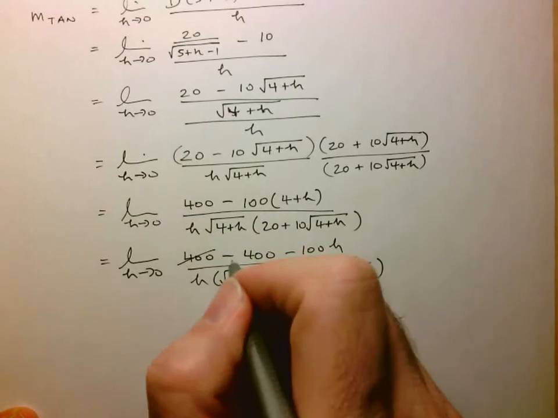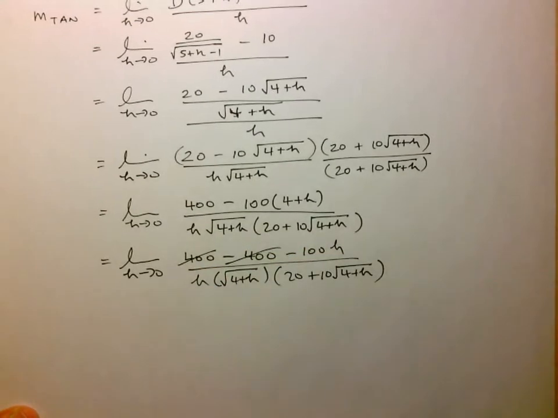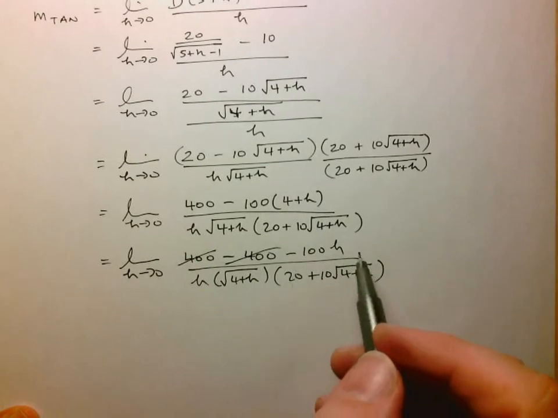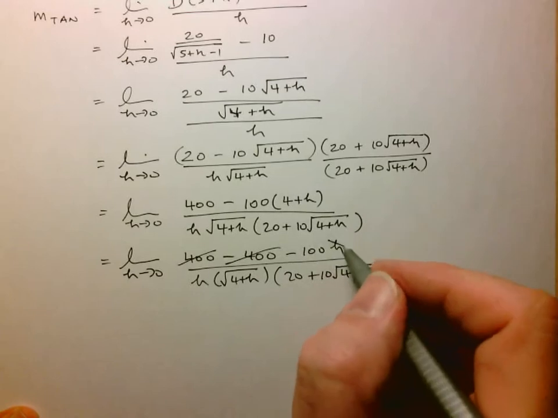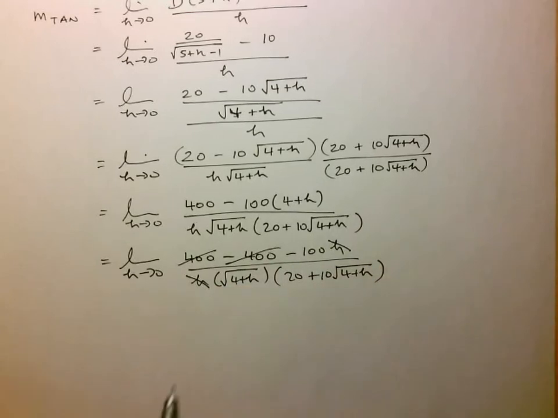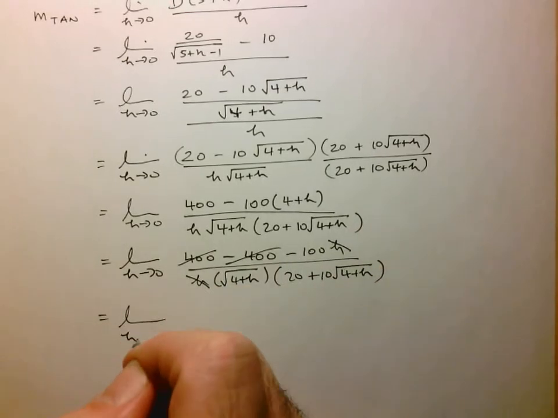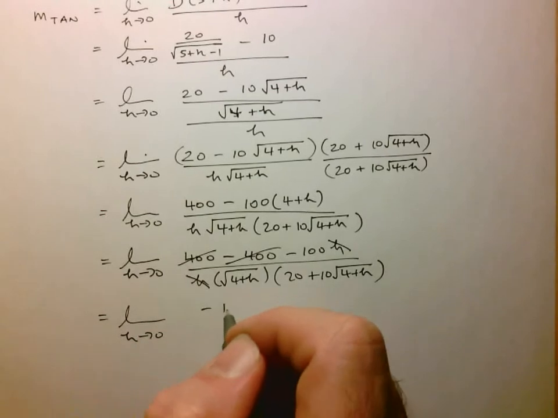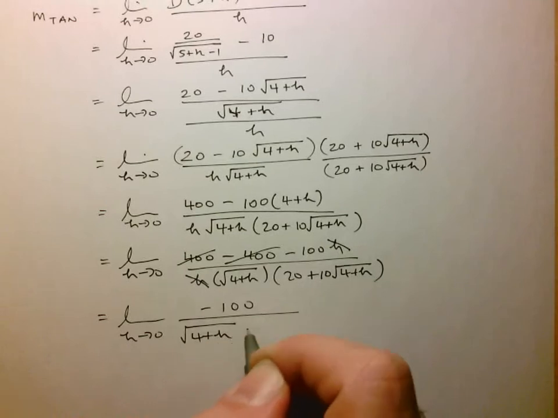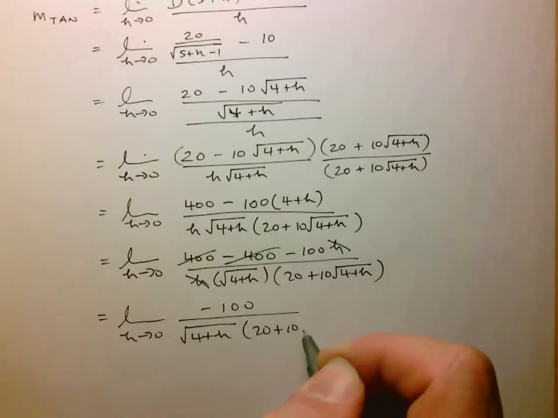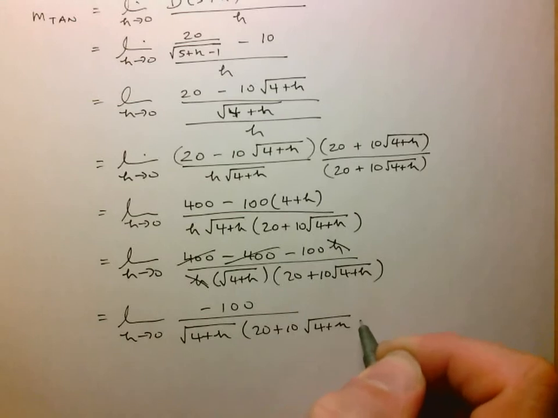Here we go, these 400s cancel out, and now in the numerator I'm just left with an expression that has a factor of h in it, so this h reduces with that h. In the end, what I'm left with is just negative 100 in the numerator, and the denominator square root of 4 plus h times 20 plus 10 times square root of 4 plus h.